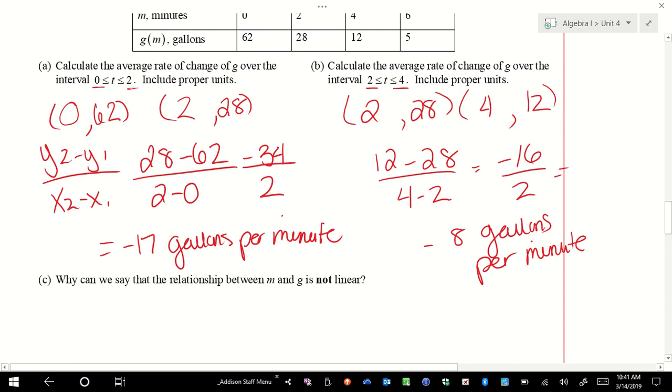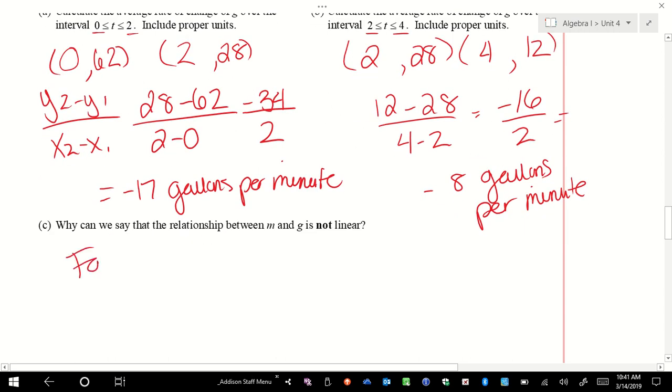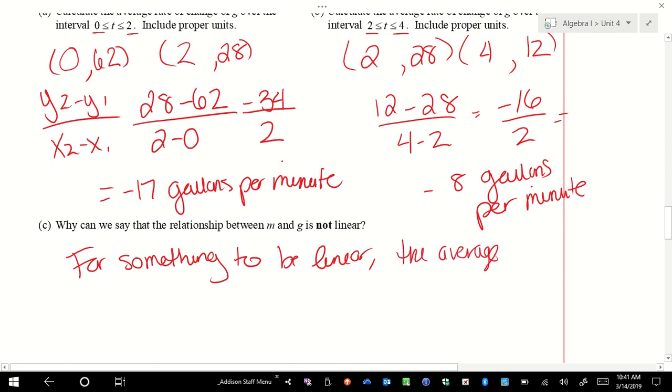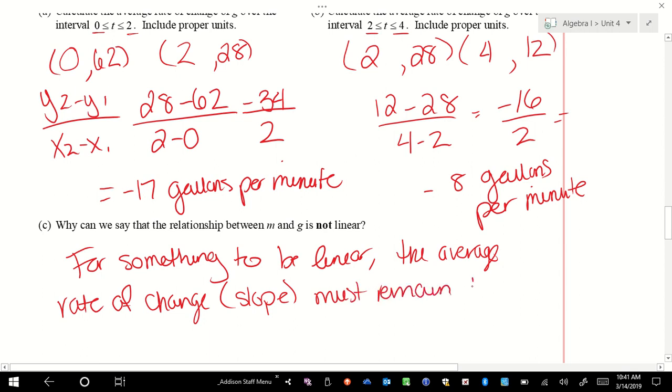Okay, for something to be a line, so for something to be linear, the average rate of change, or as we know, slope, must remain the same.